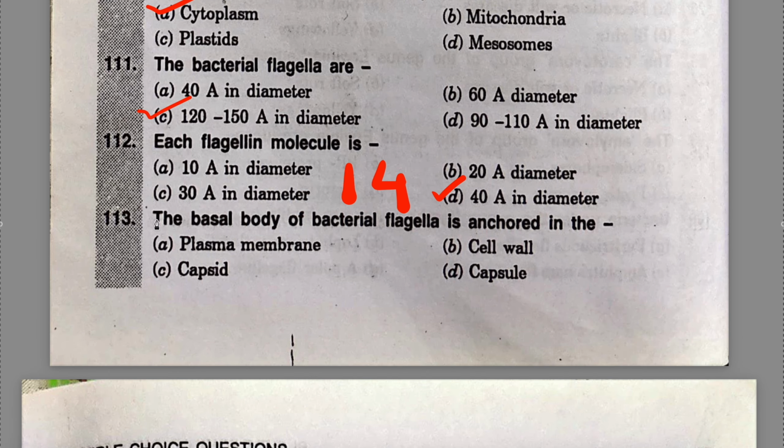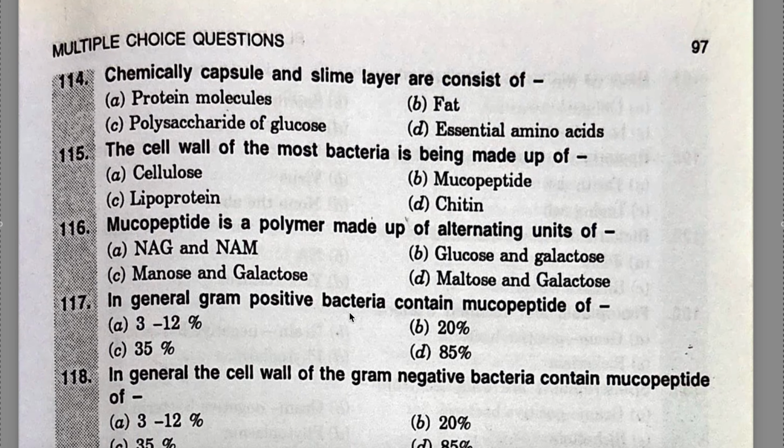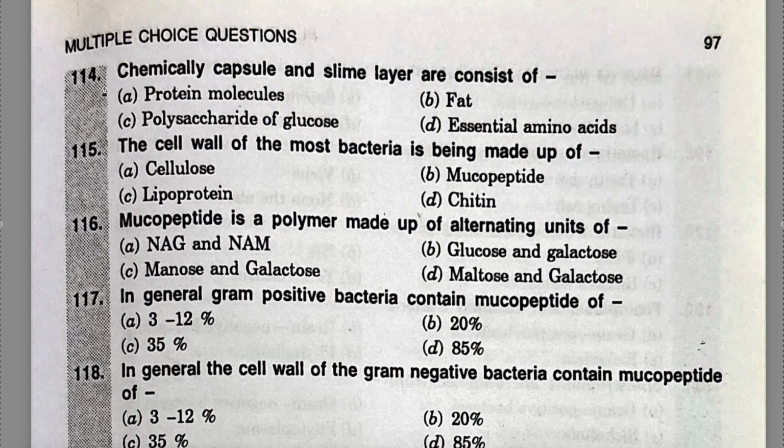Okay, question 113. The basal body of bacterial flagella is anchored in the plasma membrane, cell wall, capsid or capsule. Answer is A, plasma membrane. Moving to question 114.